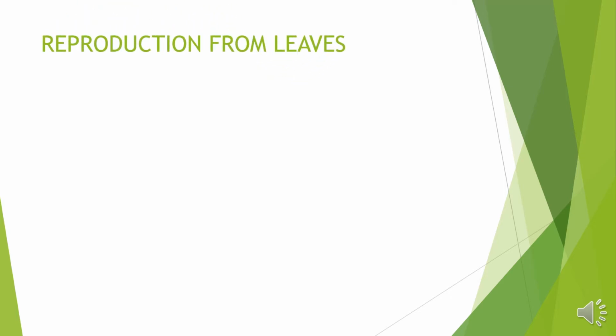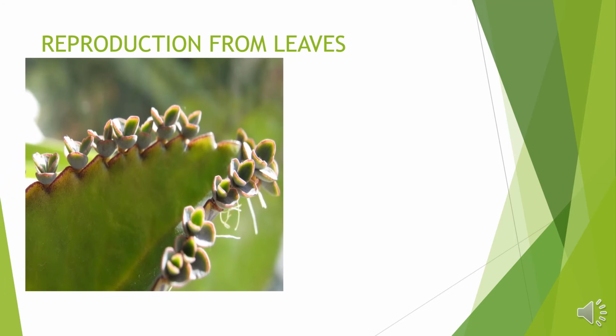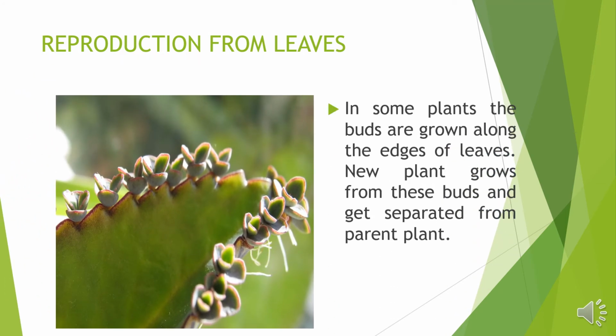Reproduction from leaves. In some plants, buds grow along the edges of leaves. A new plant grows from these buds and gets separated from the parent plant. Example, Bryophyllum and Begonia.